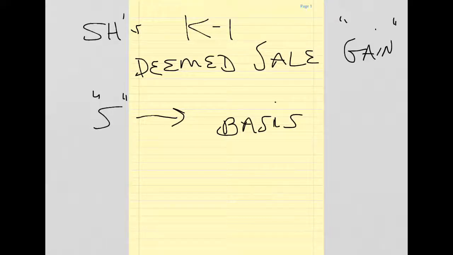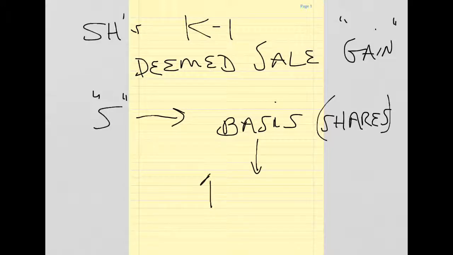If you want to say the basis in our shares, you could say that. Basis in the shares. And that basis, not like when we just buy a stock on the market and our adjusted basis is what we pay for it. With these pass-through entities, this basis can go up and can go down.